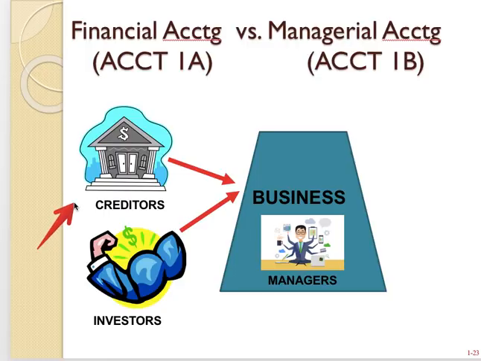Okay, so when the bank loans money to the business, the business doesn't go, oh, bank, can I pay my rent with this money? Oh, bank, can I pay my payroll with this money? Doesn't work that way. The bank doesn't care exactly what you do with that money. They just want to know that they're going to get paid back. Okay? So they're considered external, outside of the business. They don't get to make decisions of the business. They just loan the money.